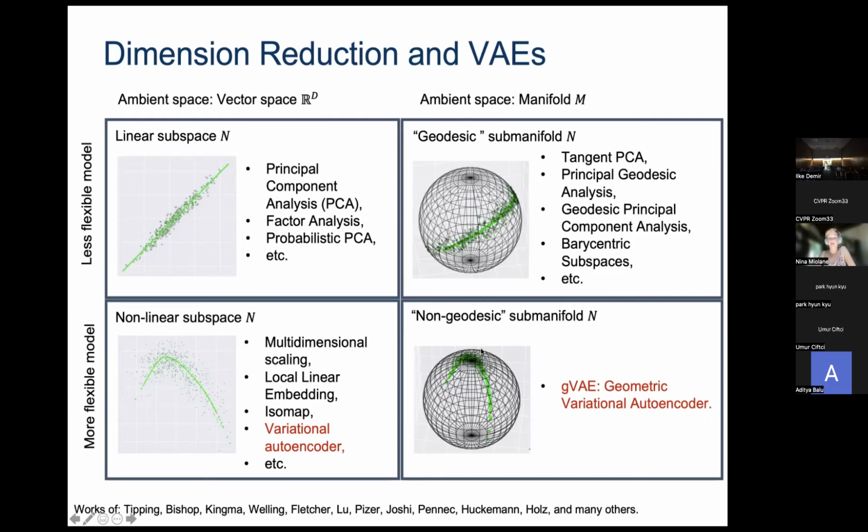The sphere represents the ambient space, the manifold in which we know that the data are. And now we don't only restrict ourselves to learning a geodesic subspace, as the row just above was doing, but we allow ourselves to learn any nonlinear subspace, or non-geodesic submanifold, within the manifold M.